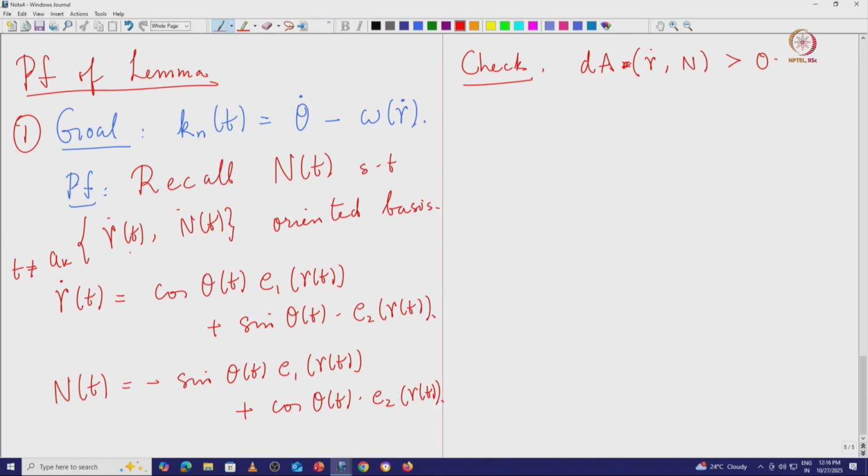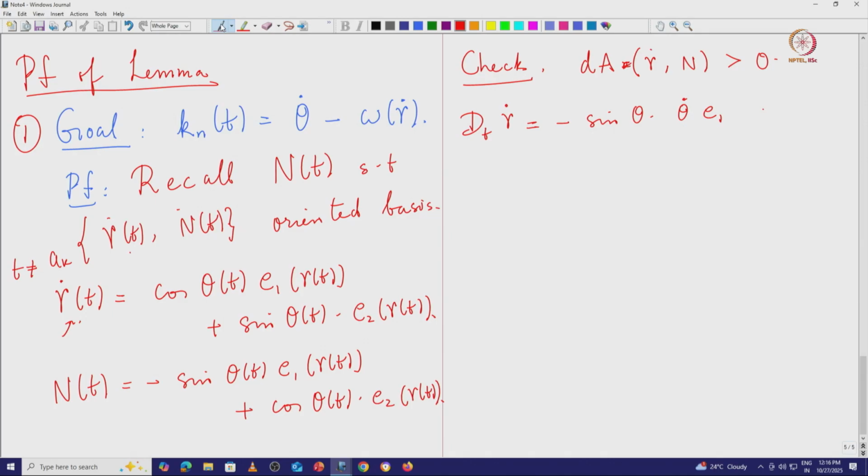Okay, so now let me differentiate this. Let us calculate the intrinsic acceleration of gamma dot. So what is this? I use the product rule. I will first differentiate the cosine. So this will be minus sine theta times theta dot times E1. I will just denote E1 of gamma of t by E1, or let me just simplify notation and just call that E1.